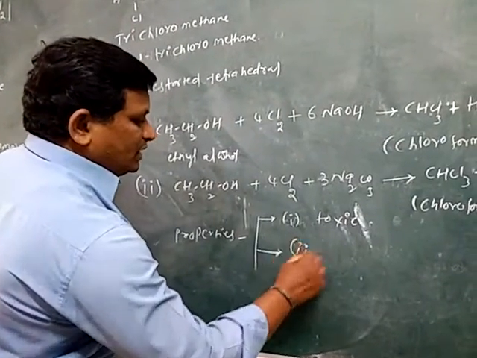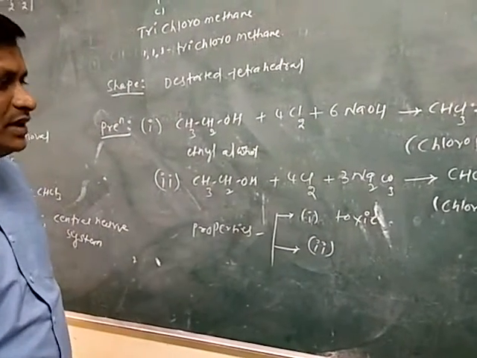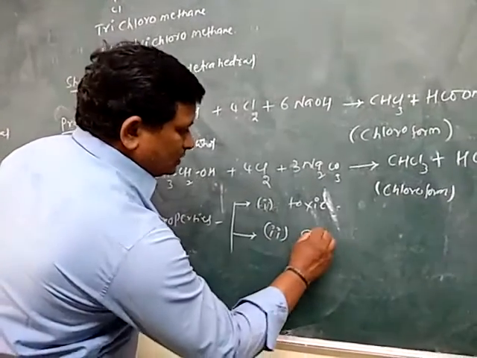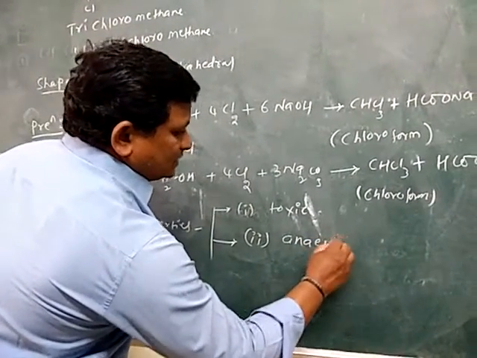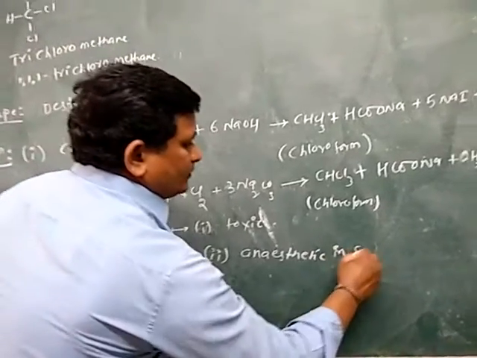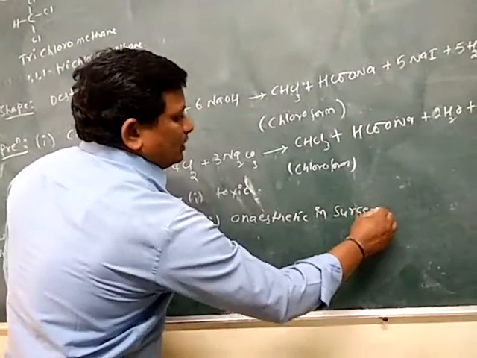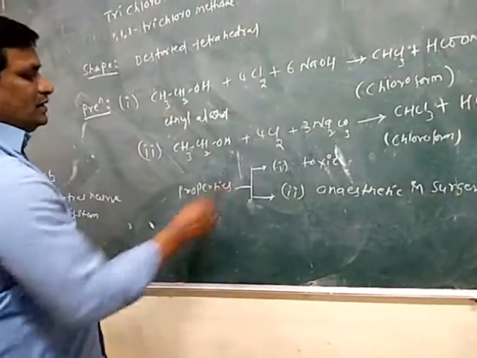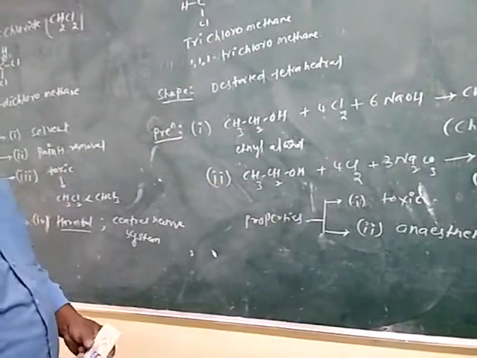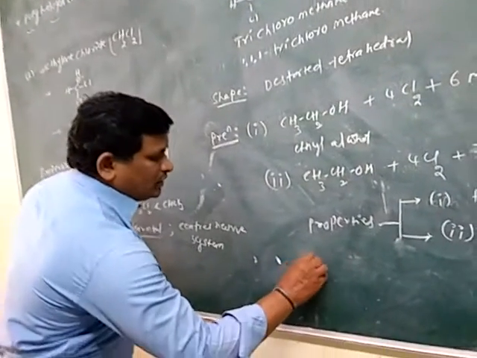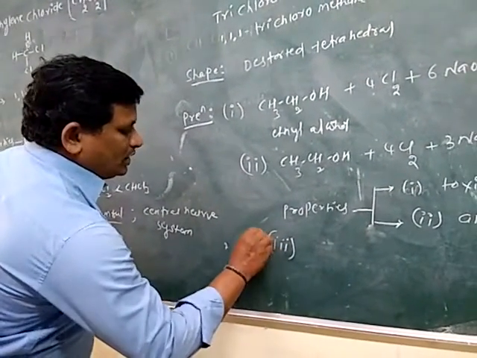Second, it is generally used as an anesthetic in surgeries. So these are the properties of chloroform. The third one is a very important property.